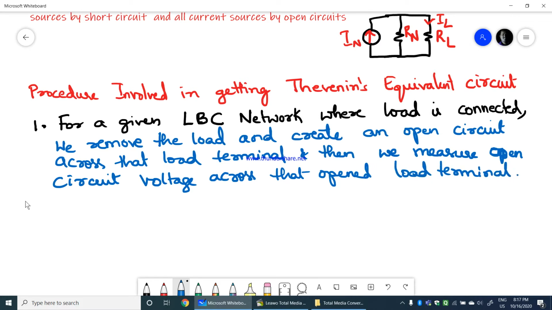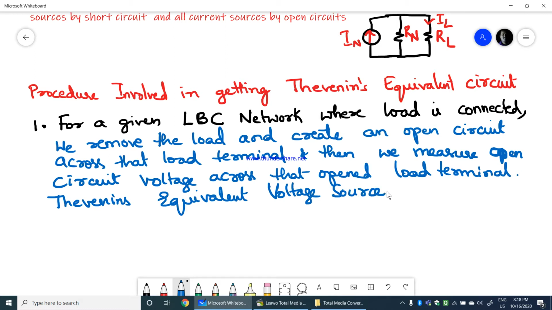So this voltage that we measure, this voltage that we find across that open load terminal, is nothing but Thevenin's equivalent voltage, Thevenin's equivalent voltage source. So this is nothing but the Thevenin's equivalent voltage source value.